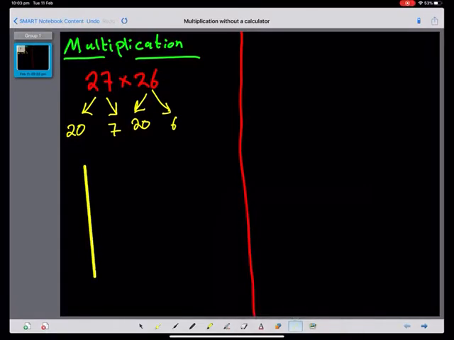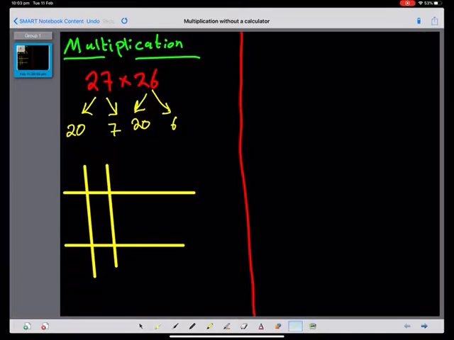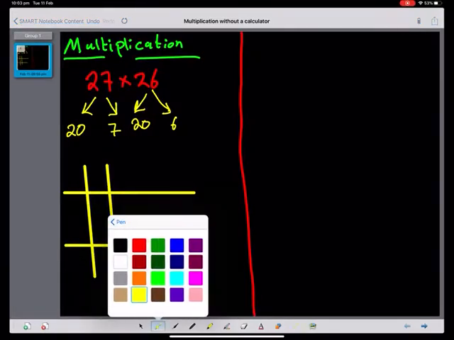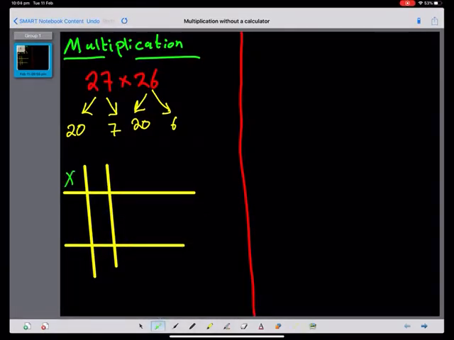So 2 2s are 4, 2 zeros. 2 7s are 14, we've got 1 zero. 2 6s are 12, we add a 0, and 6 7s are 42.